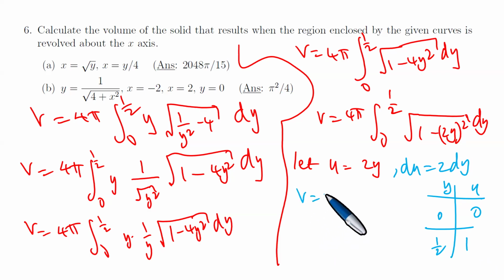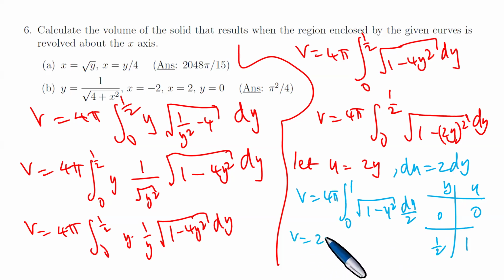Now the volume is pi, the integral from 0 to 1, the square root of 1 minus u squared. What is dy? It's du over 2. So 2 pi, the integral from 0 to 1, the square root of 1 minus u squared du.